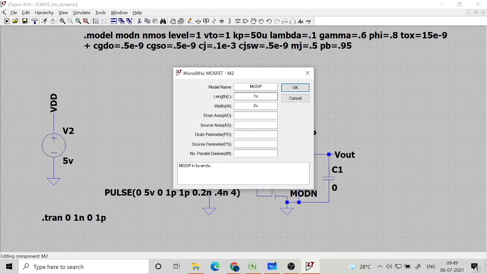These days we may not be using this node, but for instructive purposes we will just look at it. So this is the length, like 1 micrometer technology, and width usually greater than that, and we are keeping 2 micro. You can make it 10 micro also, 5 micro also, but we are taking 2 micro. This is the PMOS. I am not giving all the areas, so it will take whatever is the default value, but length and width only I am specifying.